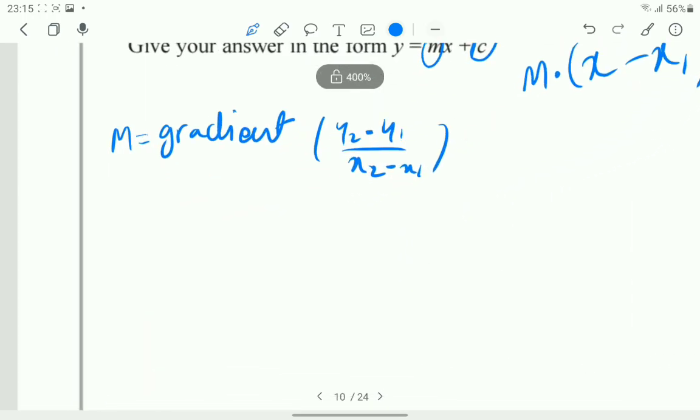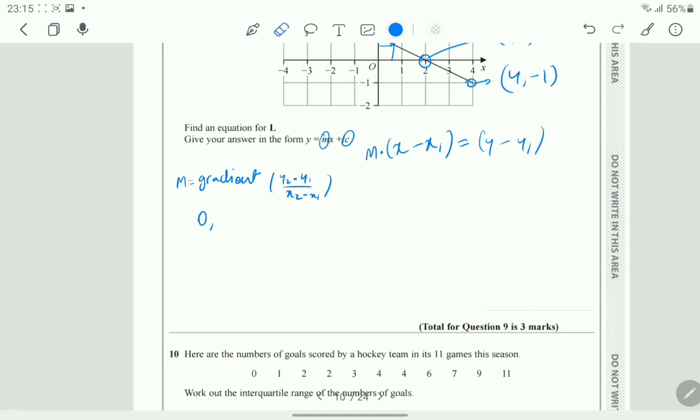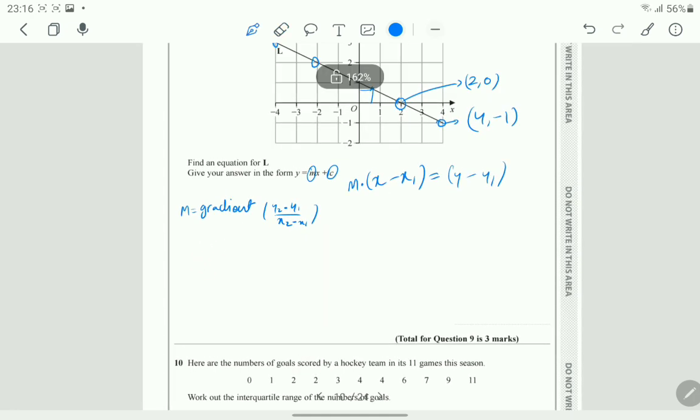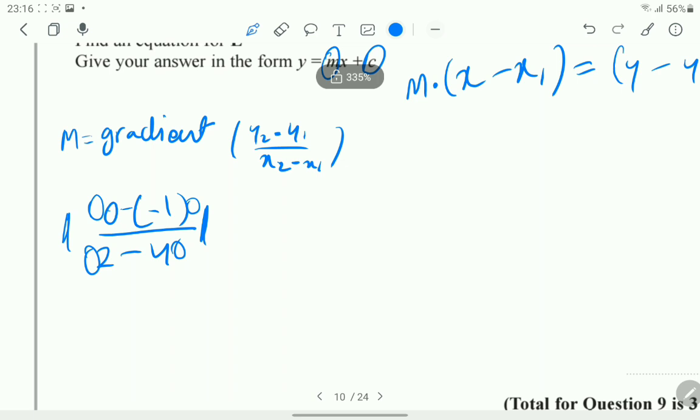So let's put it in the formula. y2 is 0, comma, 0 minus 1 over x values 2 minus 4. Notice that I put 2 and 0, 4 and minus 1, and not mess up their places. This is one coordinate, this is one coordinate. This is very important for you to get correctly.